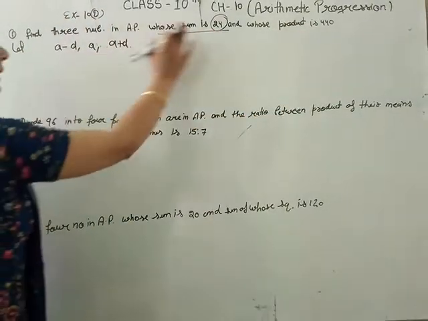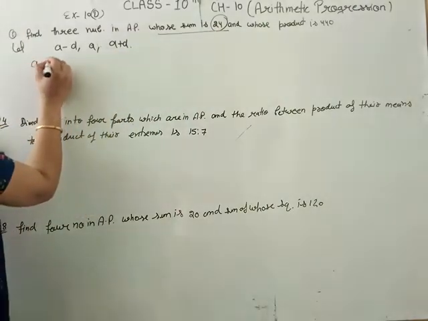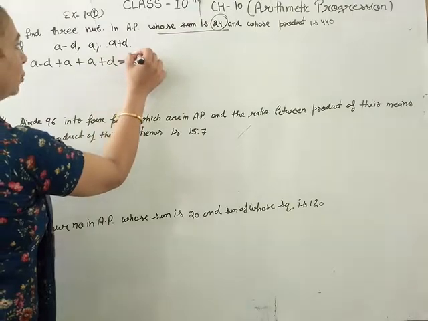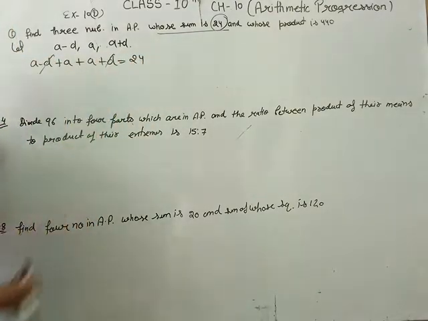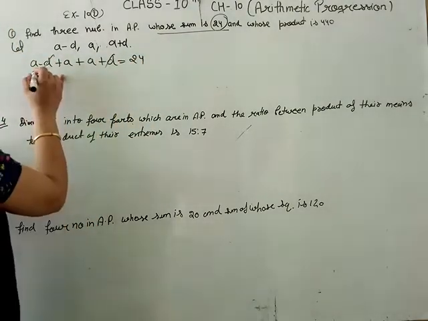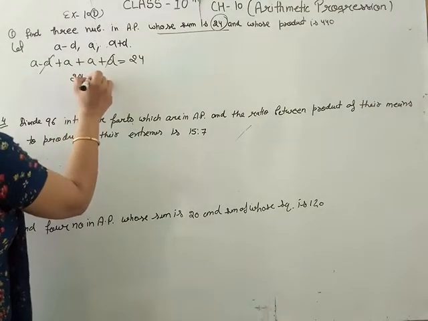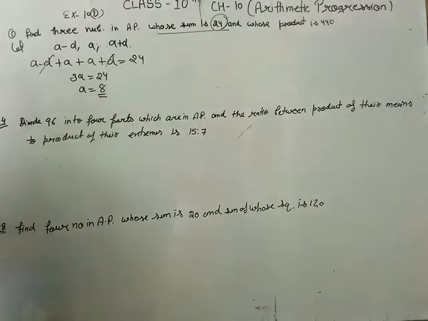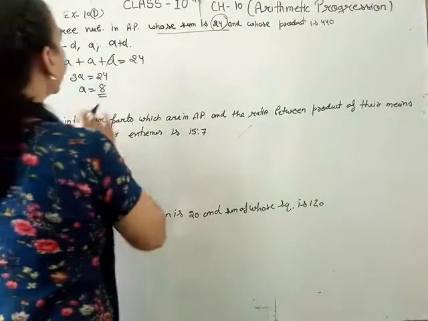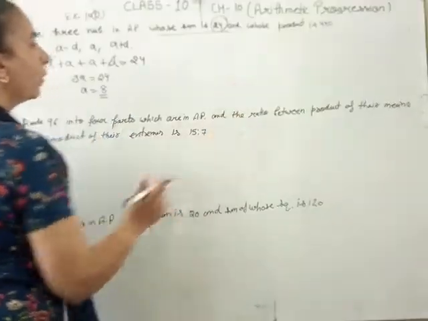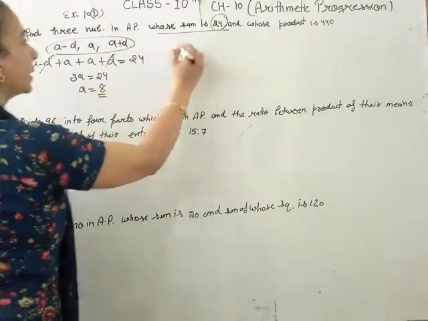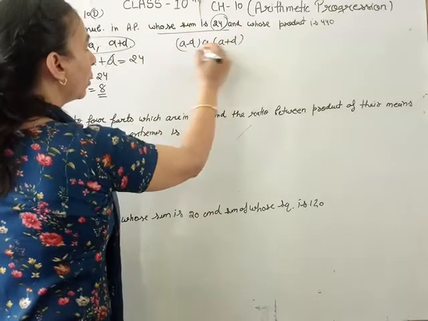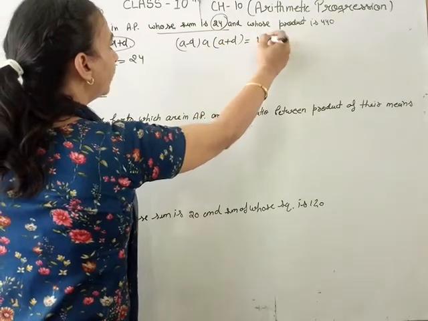The sum is given as 24, so A minus D plus A plus D equals 24. D and D cancel. Next A plus A plus A, 3A equals 24, A equals 8. Okay, then we find the value of A. And next, the product is 440. The product of three terms A minus D, A and A plus D equals 440.